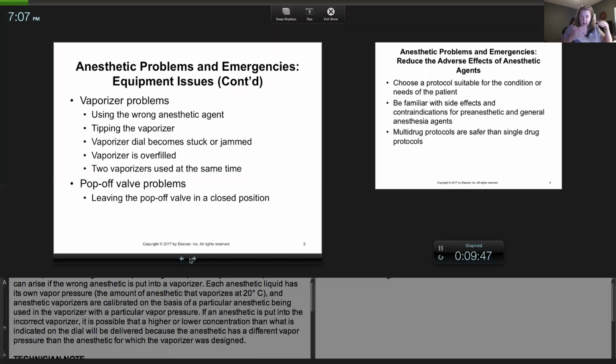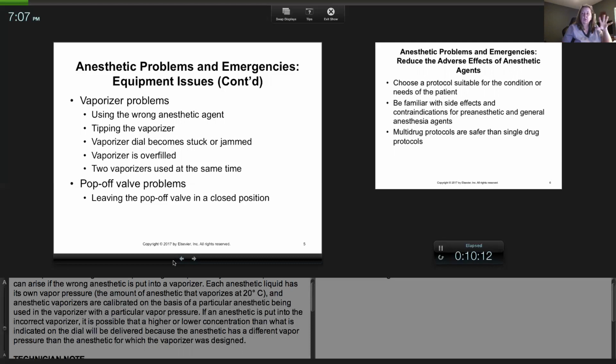So interrupt the doctor, say, hey, I'm concerned. And it's okay to be wrong. Sometimes people feel stupid. I've made bad calls before where I was off base, but I'd rather err on the side of caution and say something than not say something because I was afraid of sounding stupid or afraid of making a mistake.